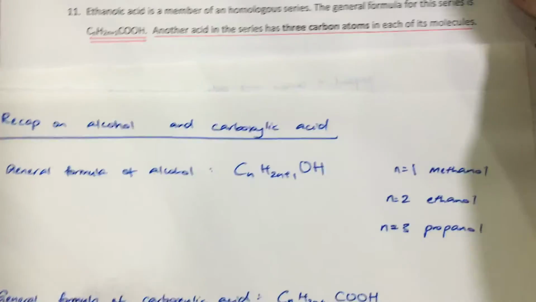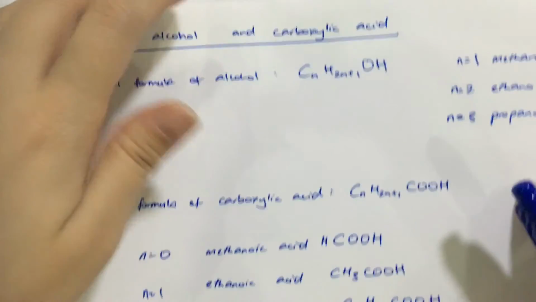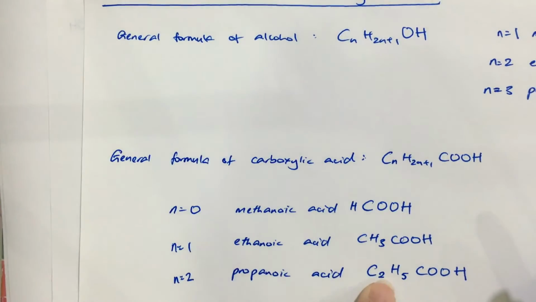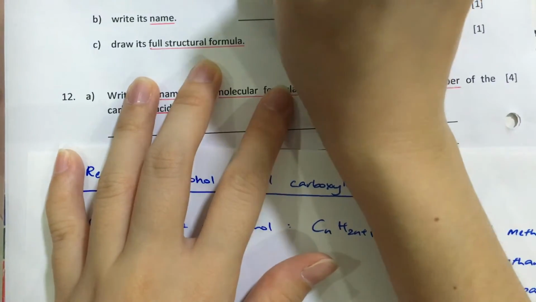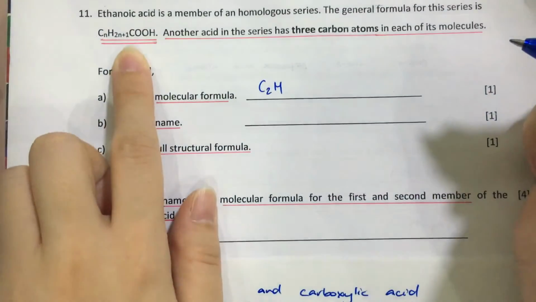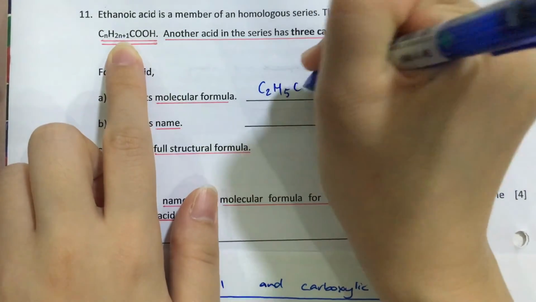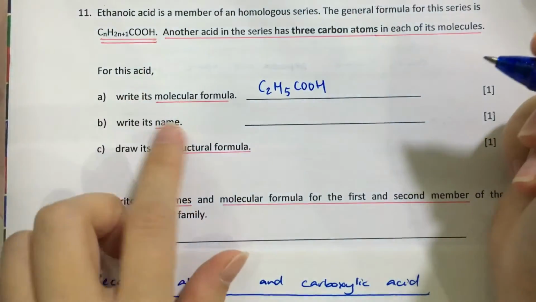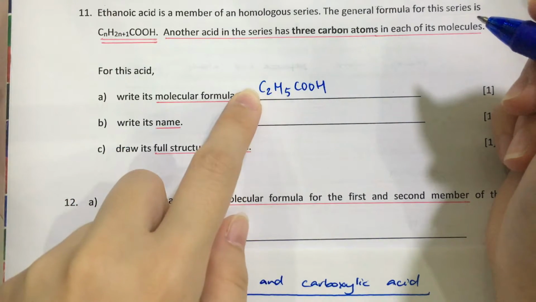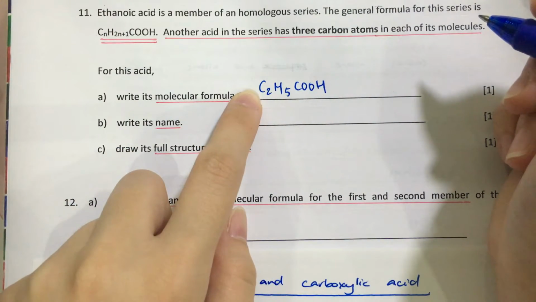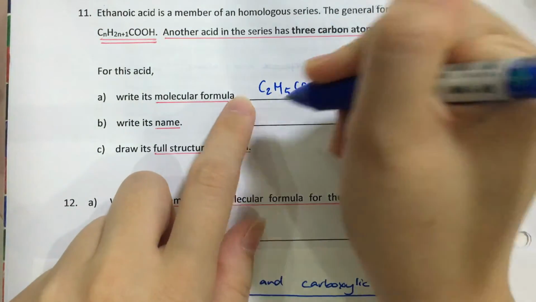So when they ask you to write the molecular formula, n equals 2, so you could follow C2H, 2 times 2 is 4, 4 plus 1 is 5, C2H5COOH. And then as you write the name, n equals 0 is methanoic, n equals 1 is ethanoic, n equals 2 is propanoic.